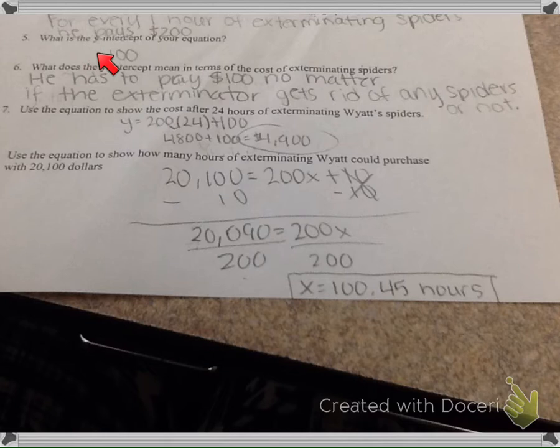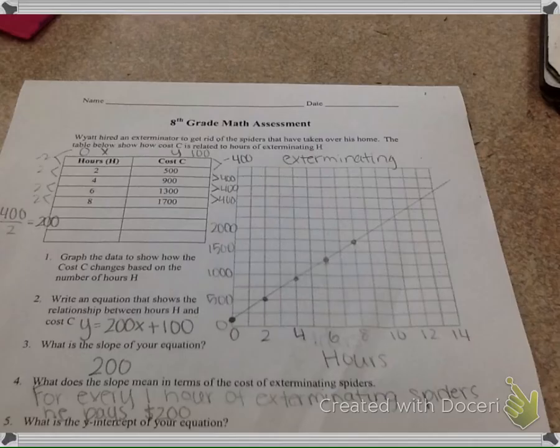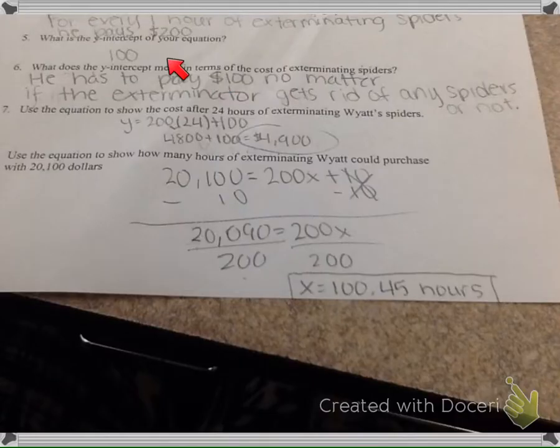Okay, what is the y-intercept of your equation? If we go back here, we worked backwards and found out that 100 is our y-intercept, so this would be 100. What does the y-intercept mean in terms of the cost of exterminating spiders?